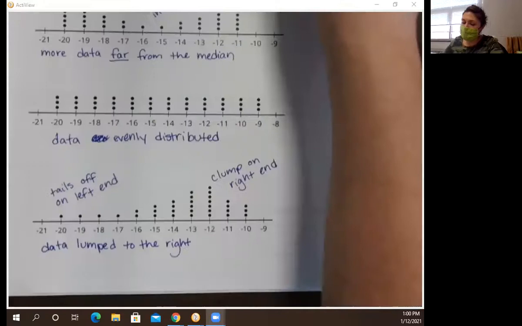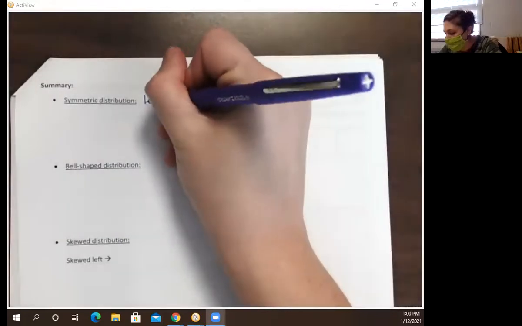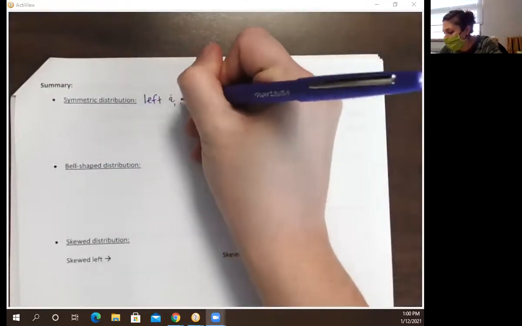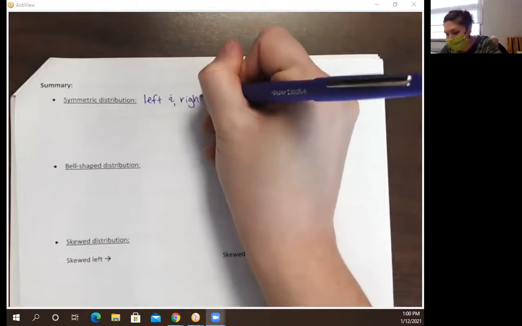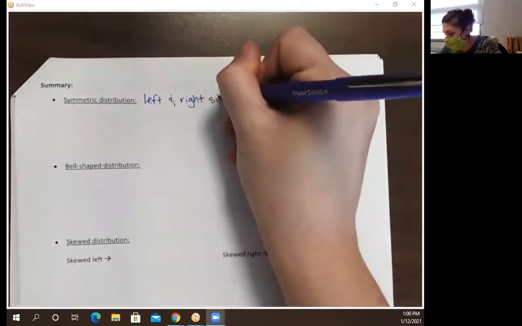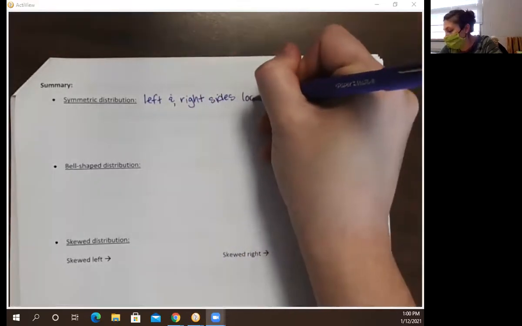Okay, so let's go ahead and turn to page 9. The one thing that we might care about when we talk about the shape of our data is whether or not that data is symmetric. When we talk about our data distribution being symmetric, what we mean is that the left and right sides look the same.